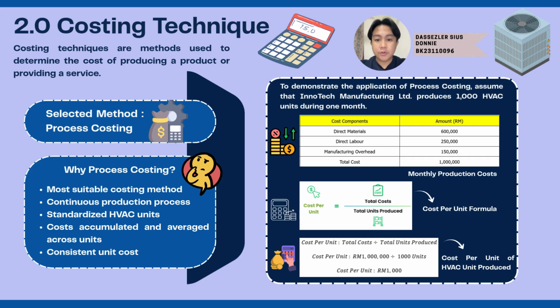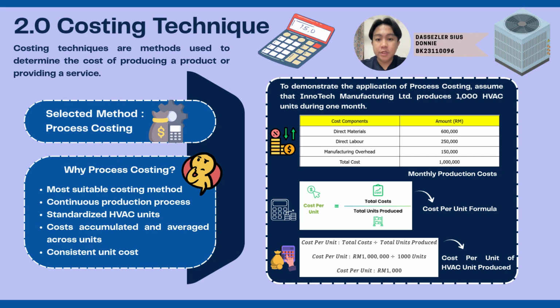The cost per unit is calculated by dividing total costs over total units produced. Therefore, 1 million ringgit divided by 1000 HVAC units produced gives a total cost per unit of 1000 ringgit.